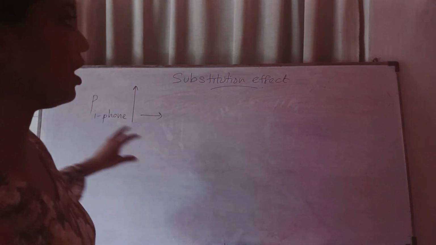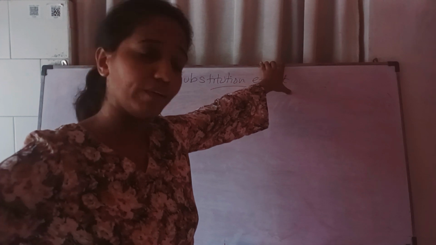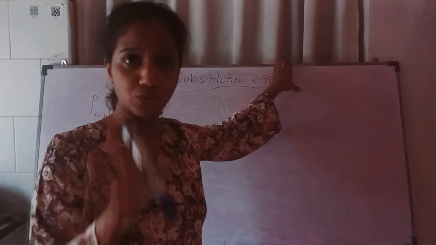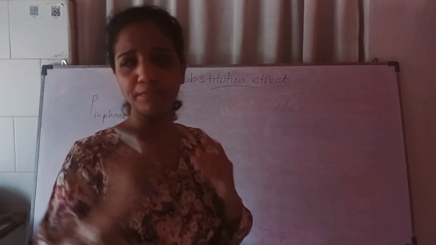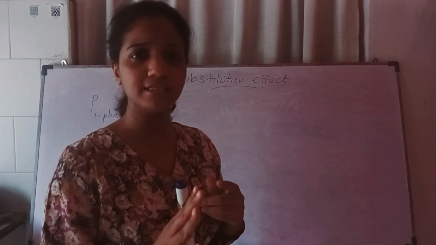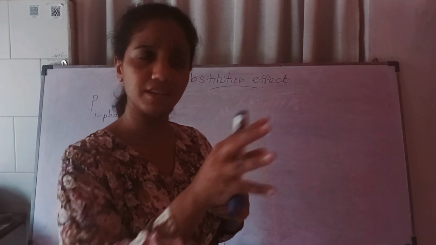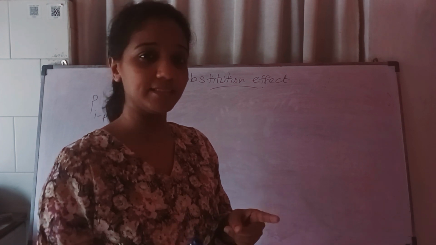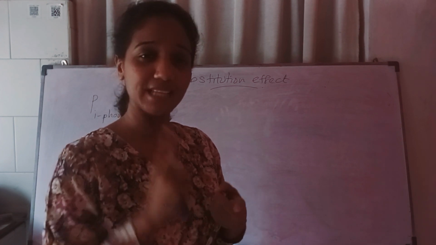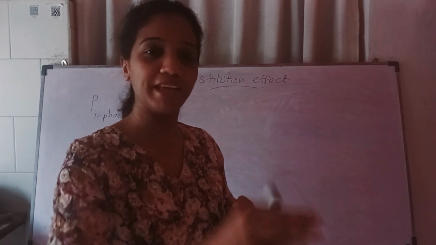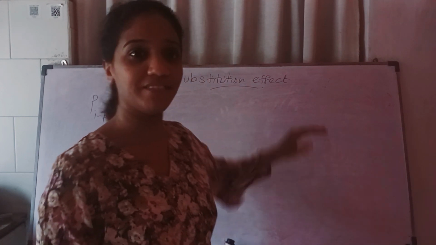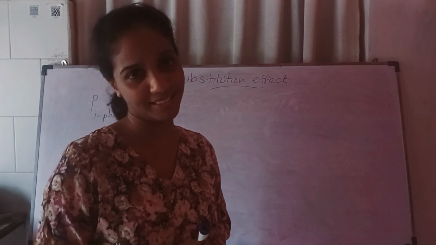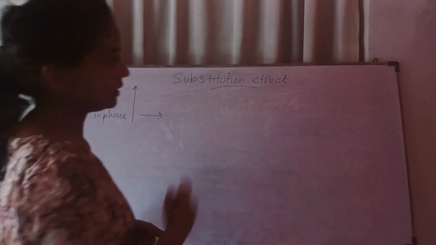Here, children, you all have to remember, when we talk about substitution effect or the law of demand, I told you only the price of a particular good changes while other factors affecting demand are held constant. Which means the price of the substitute goods also remains constant when we discuss the substitution effect, right? So let's take an example.